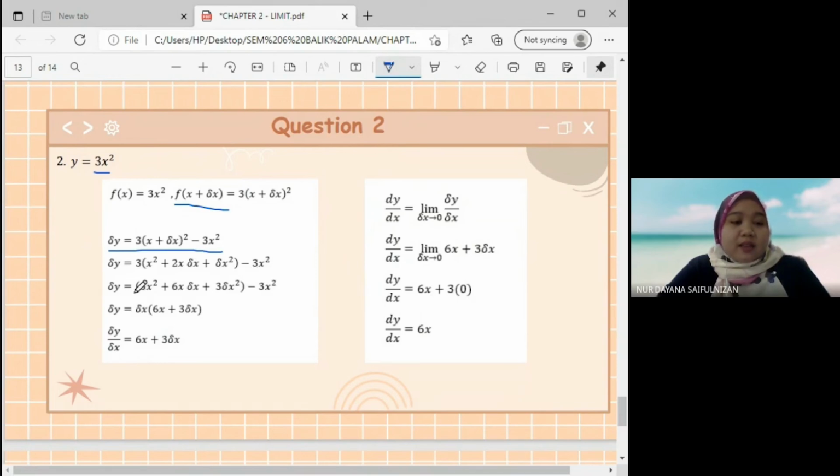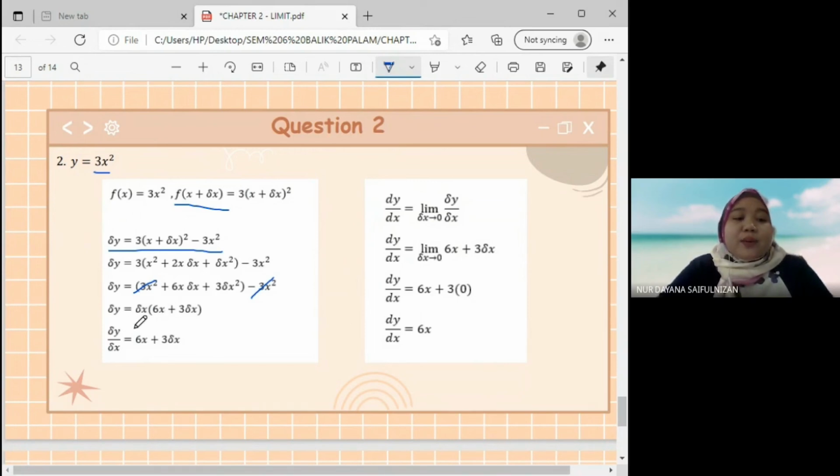Here we can see 3x squared and 3x squared, so we can simply cancel out. 3x squared minus 3x squared is 0. So then we will get 6x delta x plus 3 delta x squared, and we factorize it, and the delta x is at the outside.